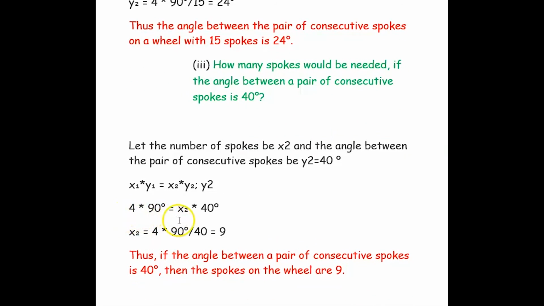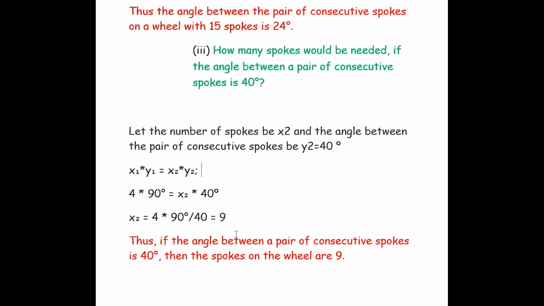Again substituting in the same relation, x1 into y1 equals x2 into y2, with x1 as 4, y1 as 90 degrees and y2 as 40 degrees. Simplifying, the number of spokes x2 we get is 9. So if the angle formed is 40 degrees, then we should have 9 spokes.